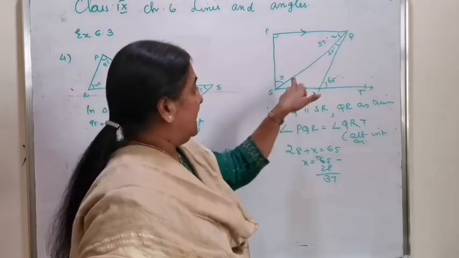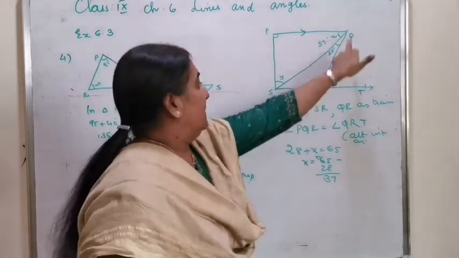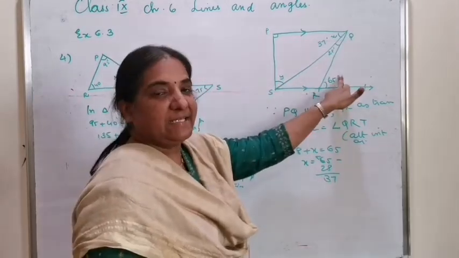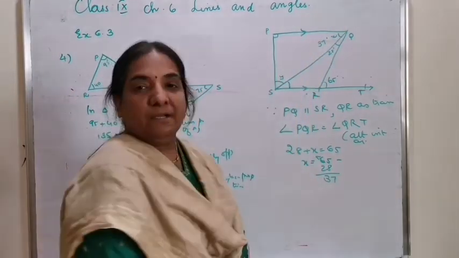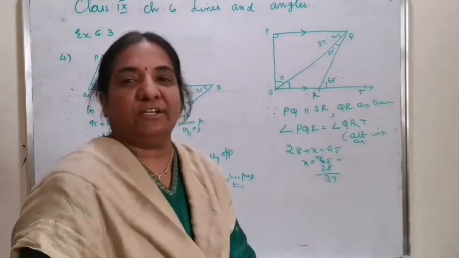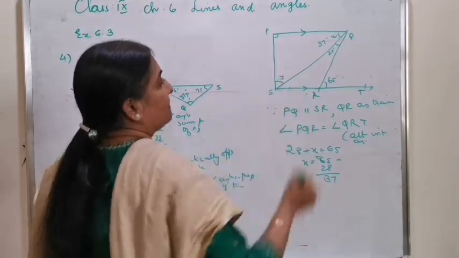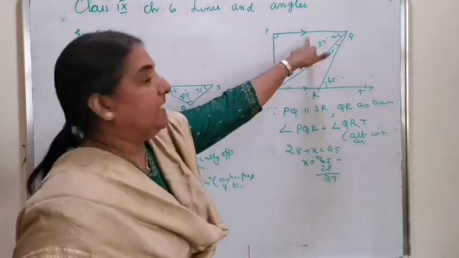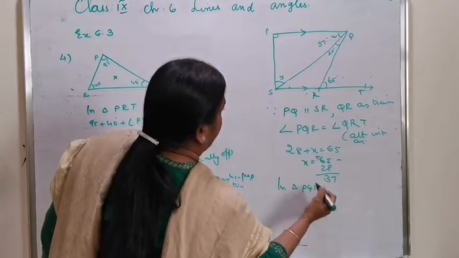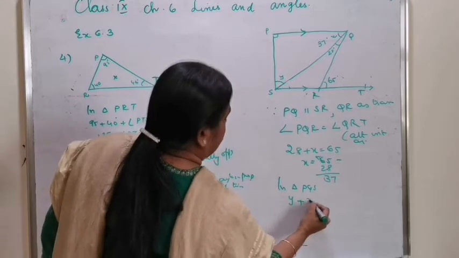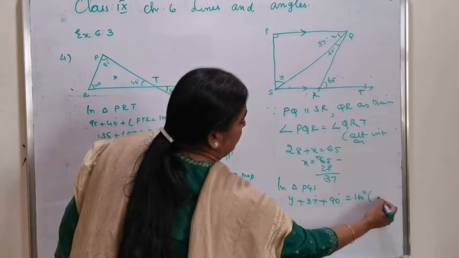You can also apply the exterior angle: in triangle QSR, 65 is an exterior angle. You can get this angle and the same here because of another pair of alternate interior angles, and that is 37 degrees. In triangle PQS, Y plus 37 degrees plus 90 degrees is equal to 180.